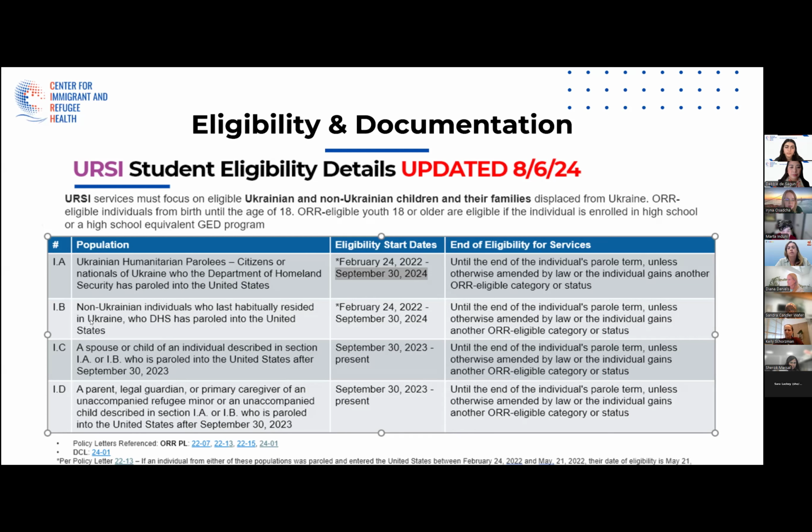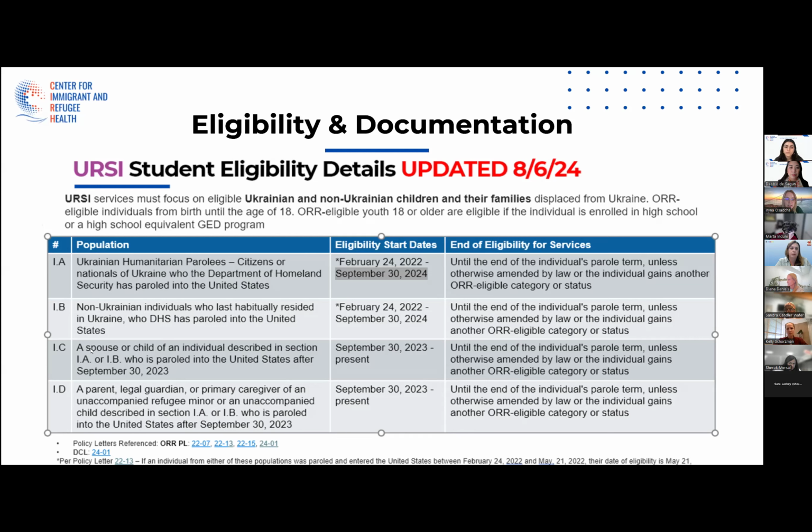The first group was for Ukrainian citizens and non-Ukrainian individuals who were habitual residents in Ukraine and were also paroled in the United States in the same status, though they could have different passports. In Ukraine, we have not only Ukrainians, we have Armenians, Russians, Crimean Tatars and other nationalities as well.